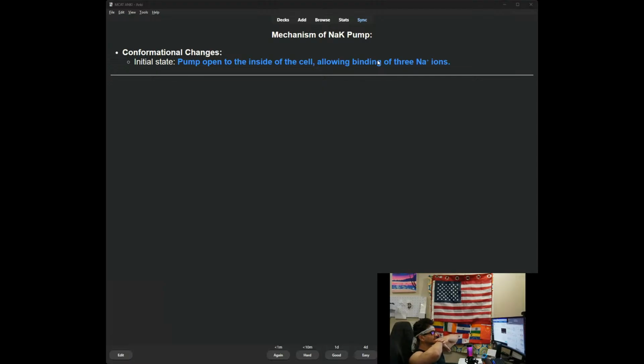Open inside, and then once we get, well, let's see. The pump changes shape. It changes shape and requires energy. I'll look into the change later on. Actually, I could just type it in.